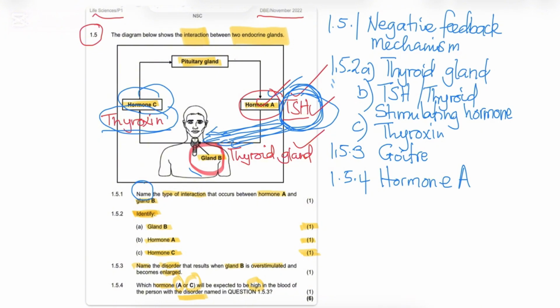So remember that we start with the pituitary gland. This pituitary gland produces TSH, our thyroid stimulating hormone, which then stimulates our thyroid gland. Then our thyroid gland, when stimulated, will produce thyroxine.